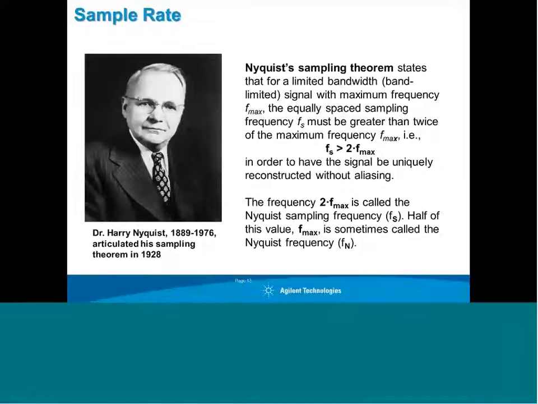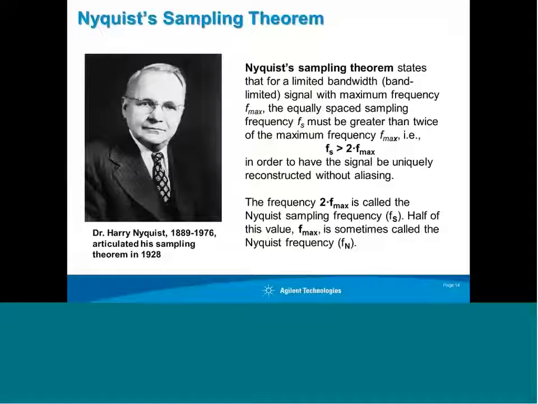Now let's see why. First of all, let's take a look at Nyquist sampling theory. Dr. Harry Nyquist, along with another gentleman by the name of Dr. Shannon, came up with this sampling theorem. What the sampling theorem says, for a limited bandwidth signal, and this is not talking about scope bandwidth, this is talking about limiting the frequency of the input signal, the maximum frequency, the equally spaced sampling frequency, Fs, must be greater than twice the maximum frequency, Fmax.